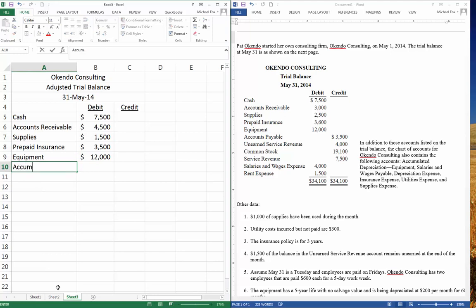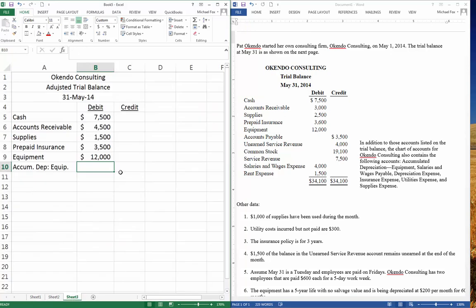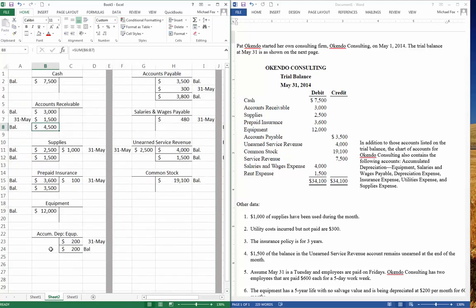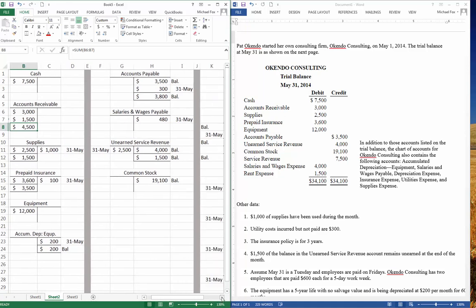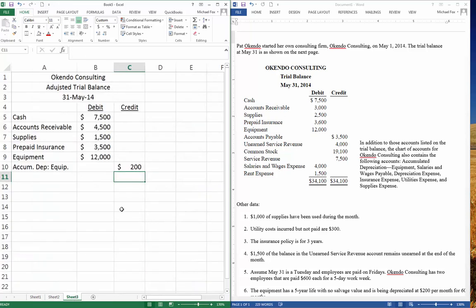Accumulated depreciation on the equipment 200. And that's a credit balance. Make sure you have your balances in the right column. After a while, you just get really used to where they should be, and so it becomes pretty easy. Accounts payable, 3,800.